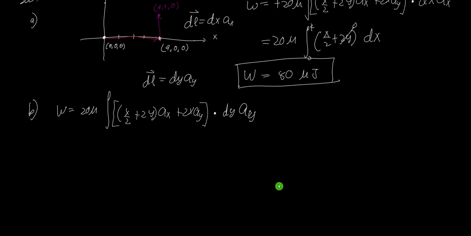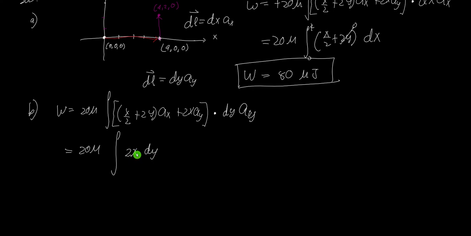So take that dy ay here. And we can take the dot product again. So this will be 20 micro, the integral of, so this will become 0, ax dot ay. So the only thing that will be remaining is 2x dy. We are integrating with respect to y, but our equation is in terms of x.